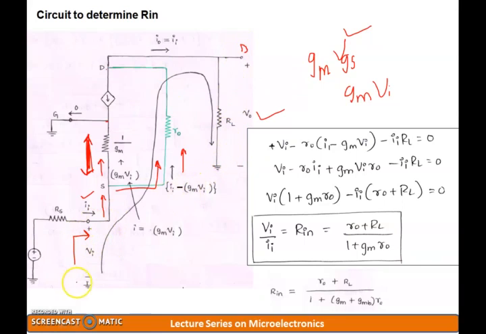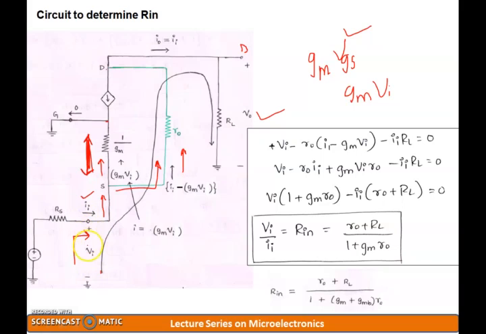Now if this is the case, let's apply KVL along the path I have shown and try to obtain an equation. Finally I obtain a value of Vi over II, because Vi is the input voltage and II is the input current, so Vi over II will be your input resistance, and whatever value I get will be your input resistance value.